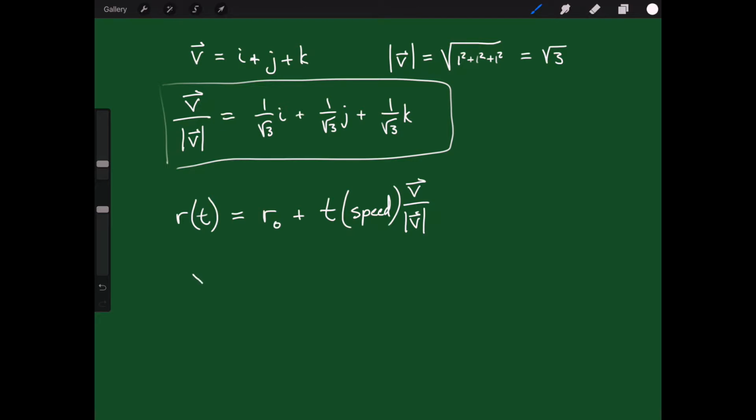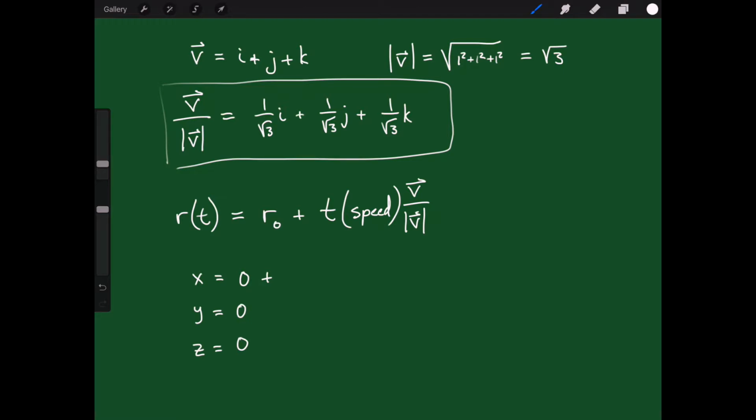What I want is, so x, y, and z are going to be, well, r0 is just zeros. So 0, 0, and 0. And then I get plus t times speed. Well, what is my speed?